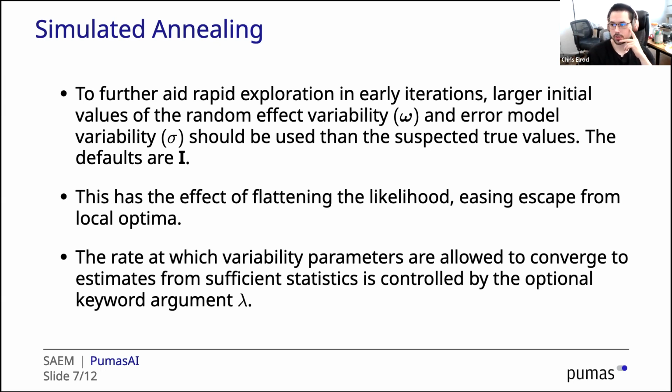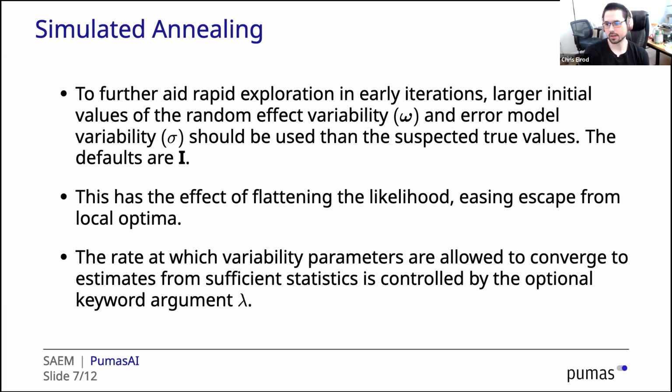So lambda defaults to 0.975. So that would mean if the estimate after one iteration is 0.1, and it is initialized to the value of 1, then the maximum is 0.975, many times larger than that 0.1. So that causes a rather slow descent of these parameters to the true values.